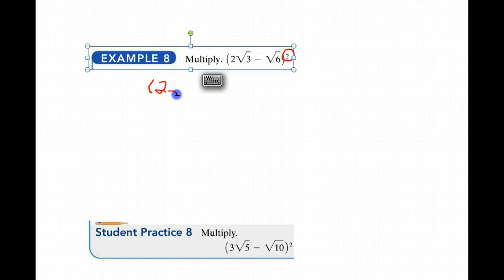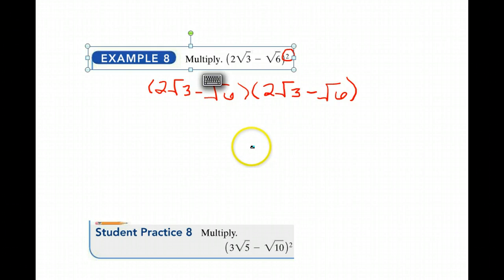So we're going to have 2 root 3 minus root 6 times 2 root 3 minus root 6. This does create a binomial times a binomial. I would like for you to go ahead and start this problem. Please complete it and press play as soon as you are ready to check your answer.